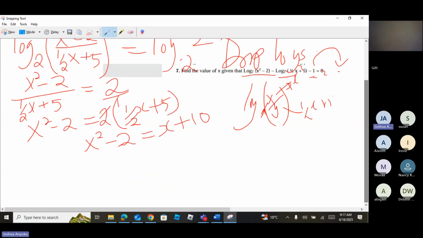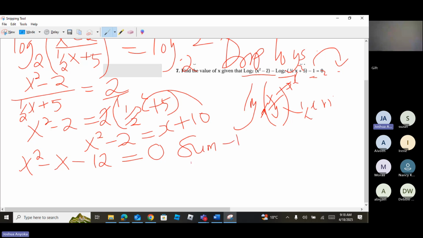Bringing the like terms together and everything to this side, we have a quadratic equation, x squared minus x minus 12 is equal to 0. Sum -1, product -12.